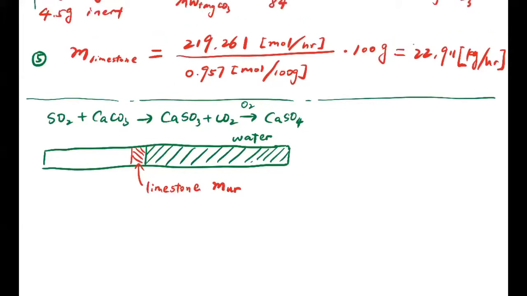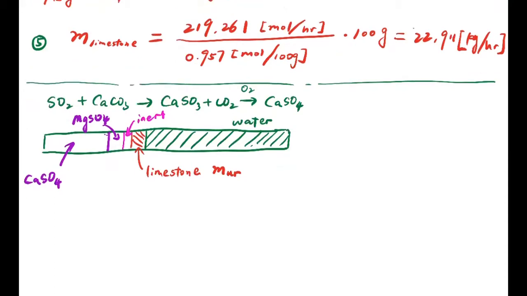And then for the reacted limestone, there is further a fraction that's inert, and then we have a fraction that's calcium sulfate, and a fraction of magnesium sulfate. To calculate the total amount of the sludge, we need to analyze piece by piece and add them all together, right?